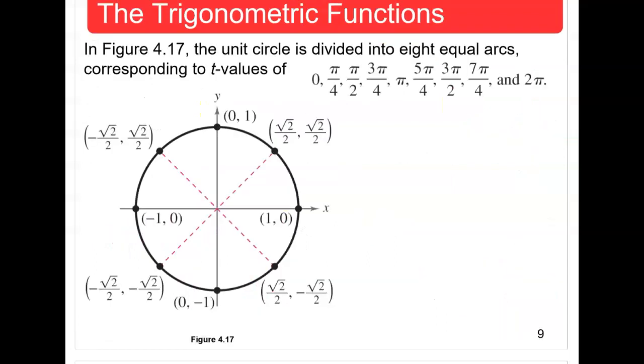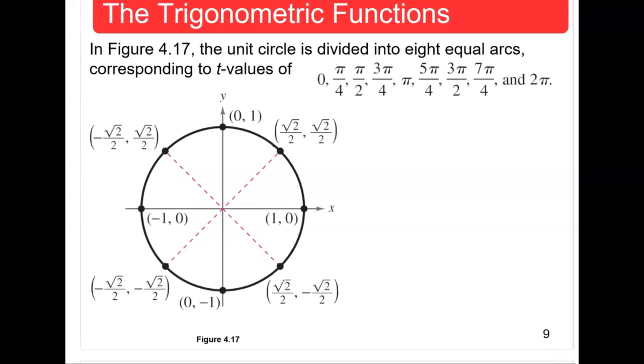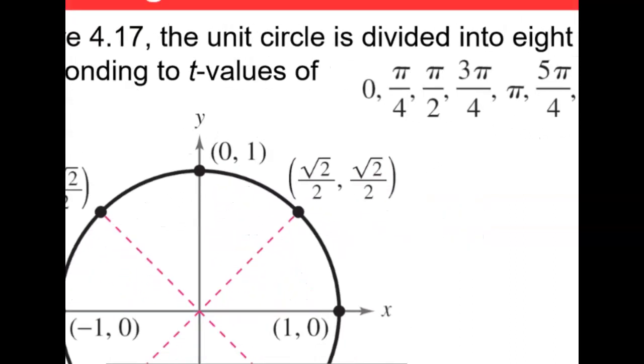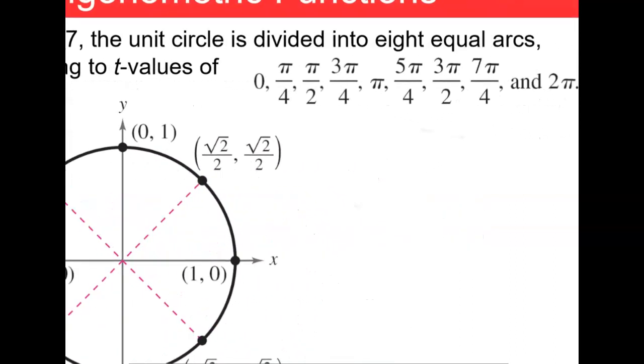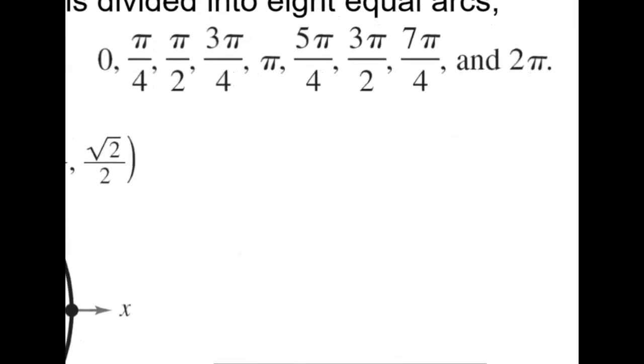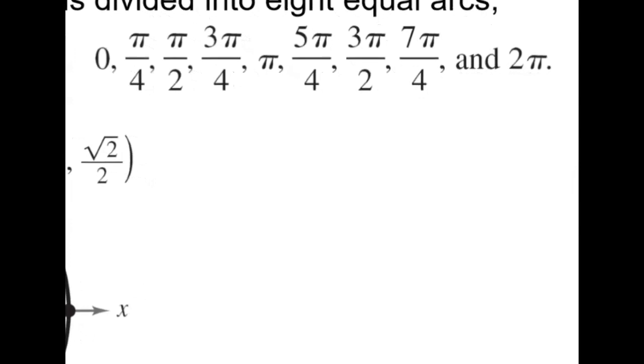In figure 4.17, the unit circle is divided into 8 equal arcs corresponding to t values of, so the degree measurements will be equal to 0, pi over 4, pi over 2, 3 pi over 4.